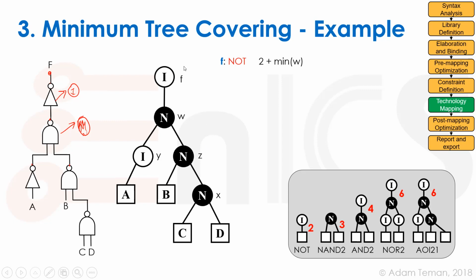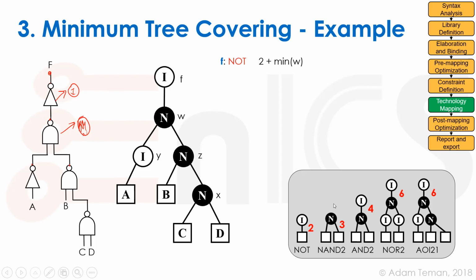So we say if we put a NOT at node F, then the NOT has a cost of 2. So we write 2 here, and we say that the minimum cost, if we decide to put a NOT gate here, is 2 plus the minimum cost of node W. If F is implemented with a NOT, then the cost is 2 plus the minimum of node W. We look along at our standard cell library, and we see that this doesn't fit node F, but what happens if we put this I here?